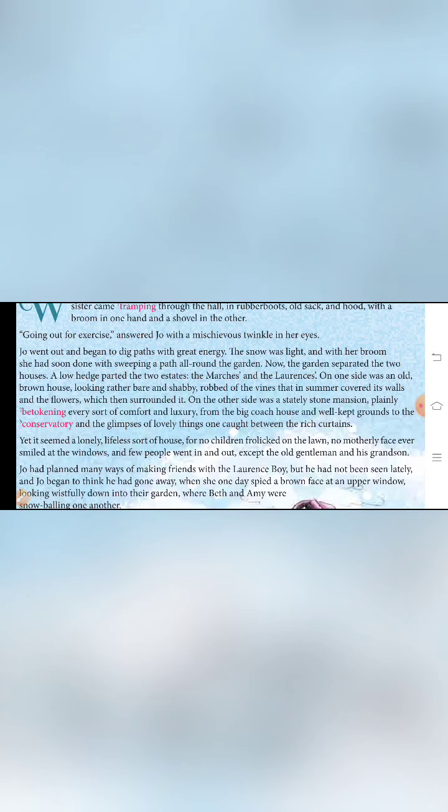It means one can see that the house of the Lawrences was a very nice house, and it may have all the comforts and all the luxuries of life which one required, from the big coach house and well-kept grounds to the conservatory. This word conservatory is what?